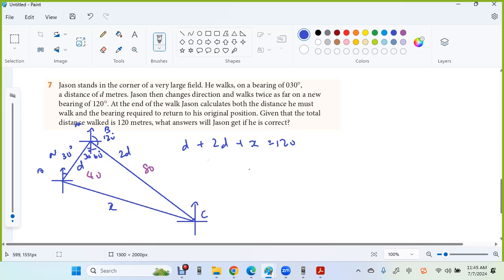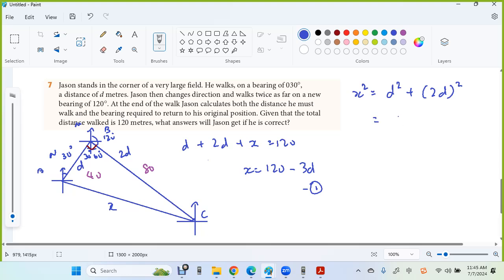Okay, so we have X equal to 120 minus 3D. This will be the first equation. And then we have X squared equal to D squared plus 2D squared. This is Pythagoras' theorem because this is the 90 degrees here.